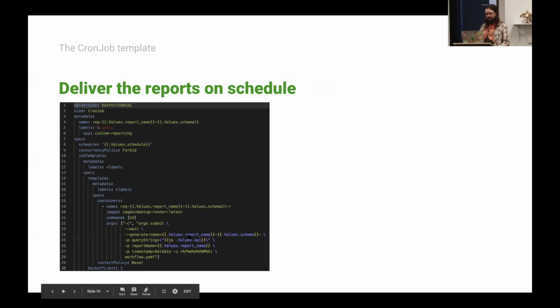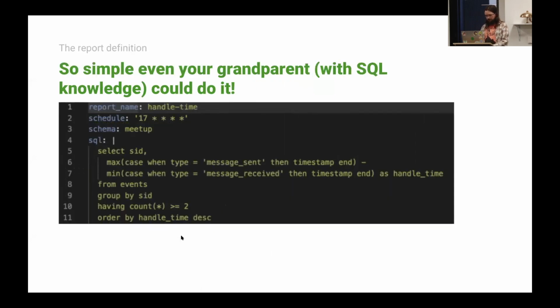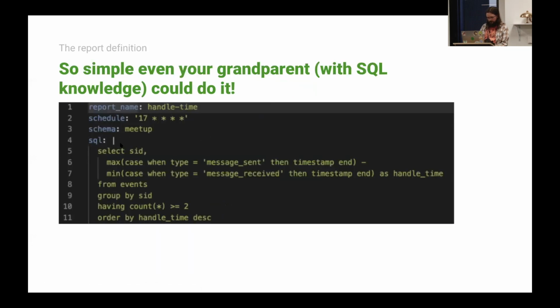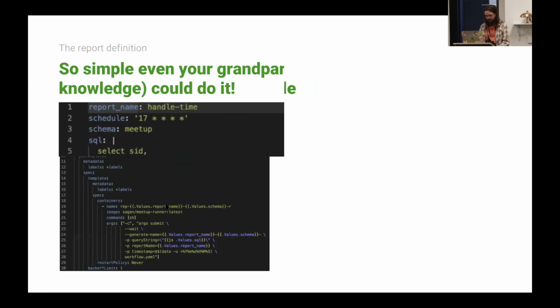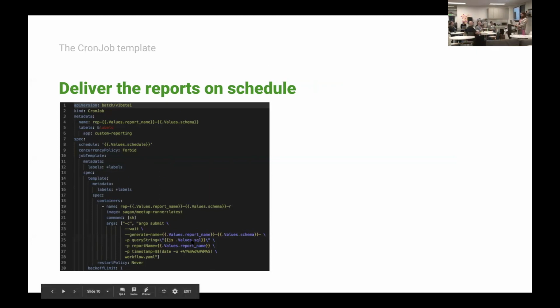So you can see that I have some parameters in my cron job spec. For example, the schedule that I want the cron job to run on, the name of my report, and a couple of parameters like the actual query that I want to run.